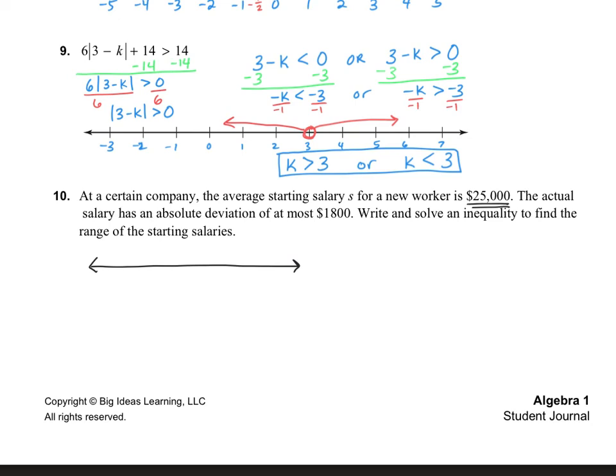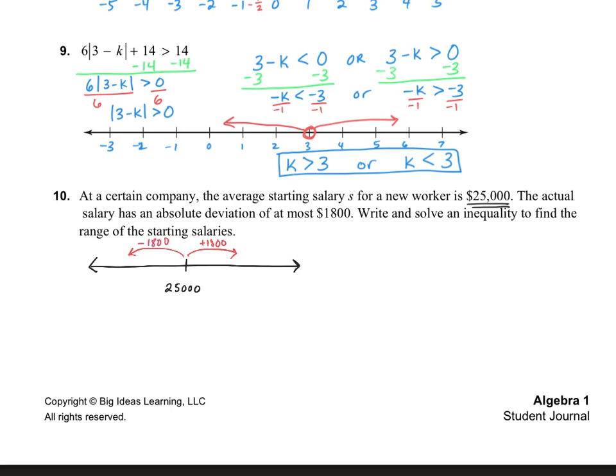So we see that the starting salary is 25,000. So I'm going to put that in the middle. And we're told that the absolute deviation is 1,800. So what that means is it's going to be 1,800 this way and 1,800 this way. So we're going to add 1,800 here and subtract 1,800 here.